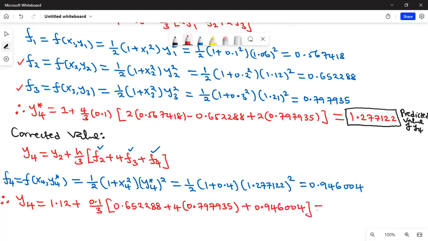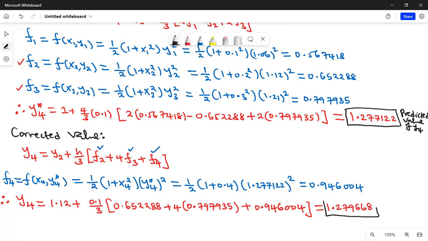And when you press this in your calculator, you need to get 1.279668. So this is the corrected value of y4.